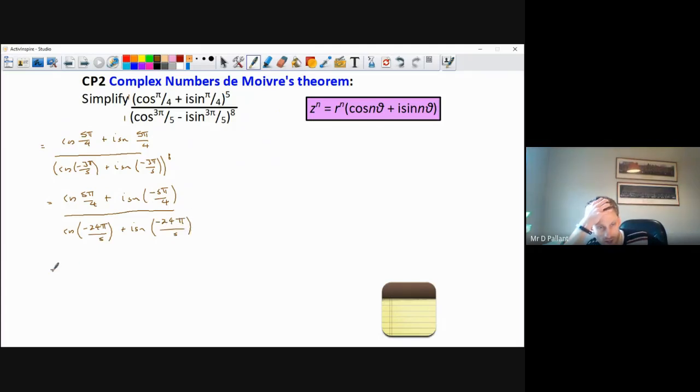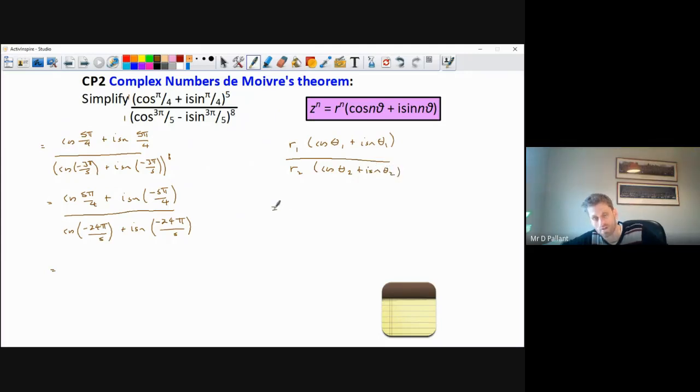And then finally, I can apply the rule for division of complex numbers. And remember, the rule for division of complex numbers, let me just write it really clearly here. r1 cos theta 1 plus i sine theta 1. We covered this ages ago, at the beginning of CP1.